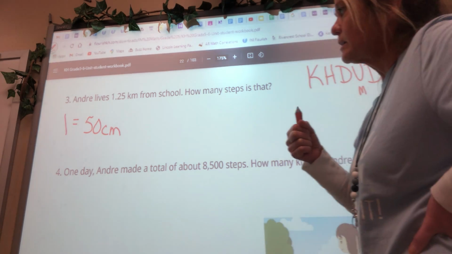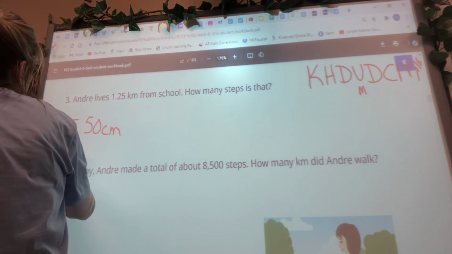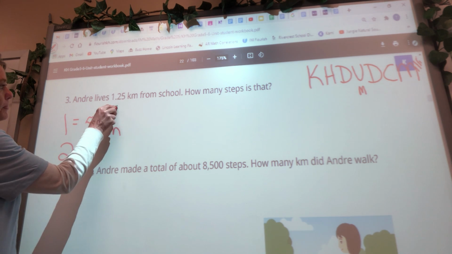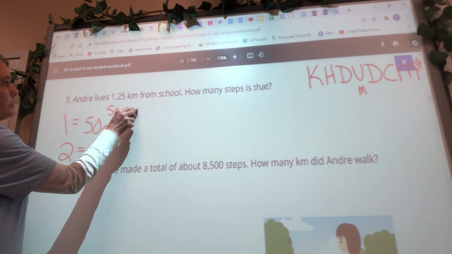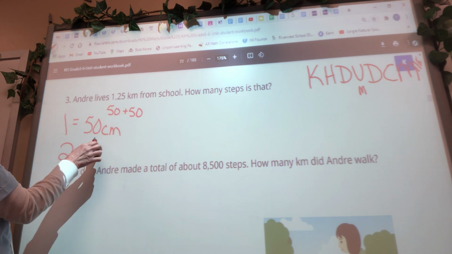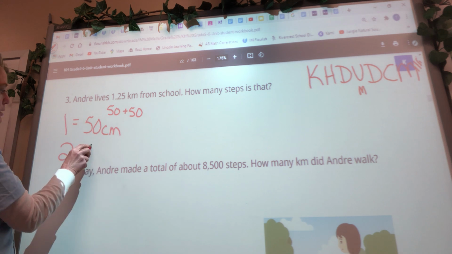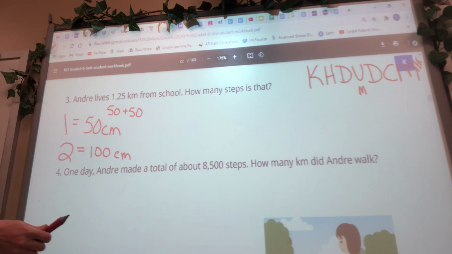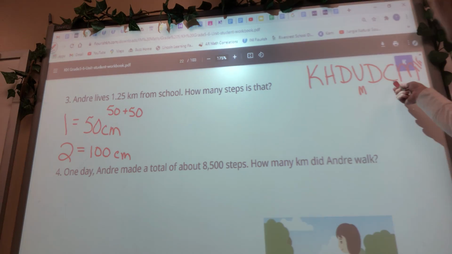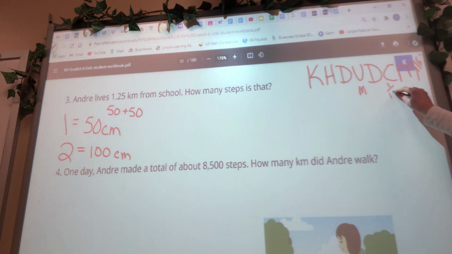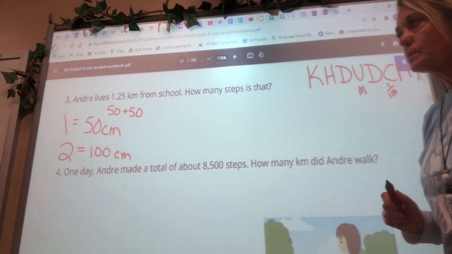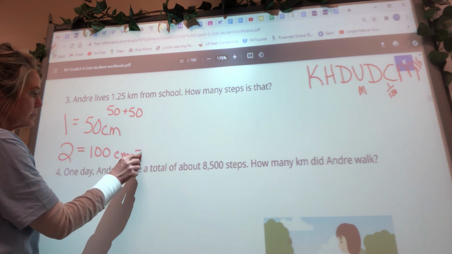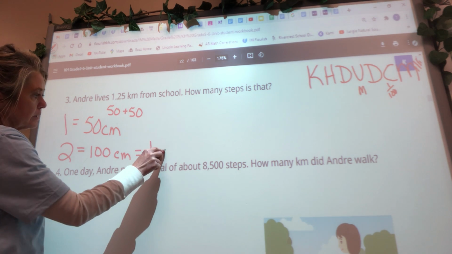So 2 steps would be 50 plus 50, wouldn't it? Because one step is 50 centimeters, so 2 steps would be 100 centimeters. And let's think about that, 100 centimeters. We know that centi is 100. Well, we learned that in class. So 100 centimeters is the equivalent of 1 meter.